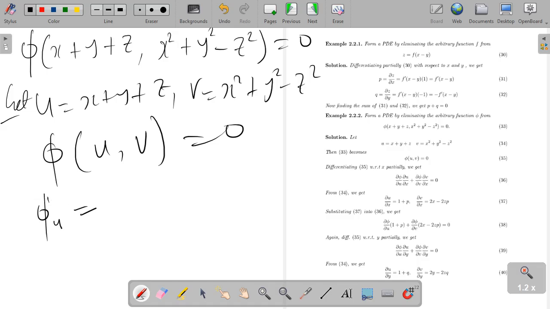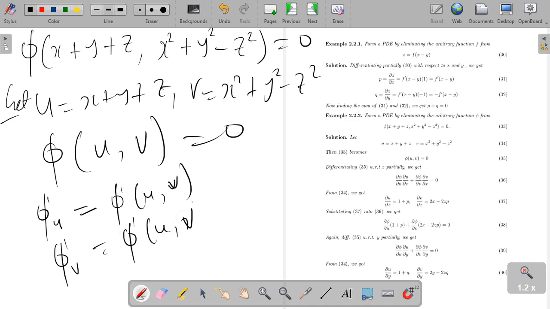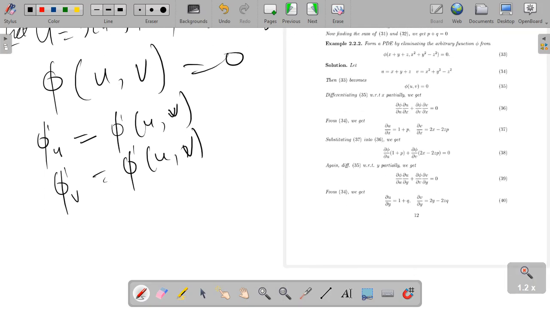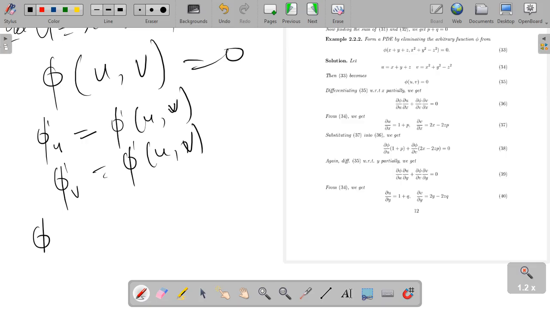And phi prime of v is the same thing. So if you subtract the two of them, you're going to have that phi prime of u minus phi prime of v is equal to 0. Yes, if you subtract the two of them, that's what you are going to get.